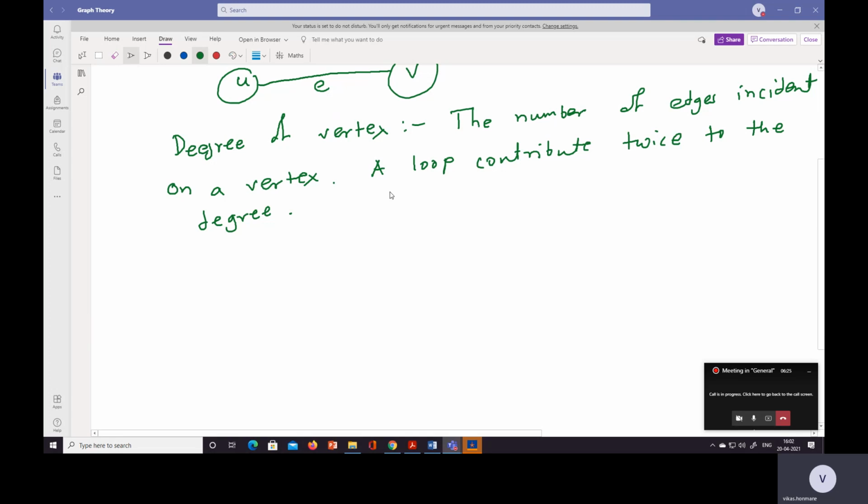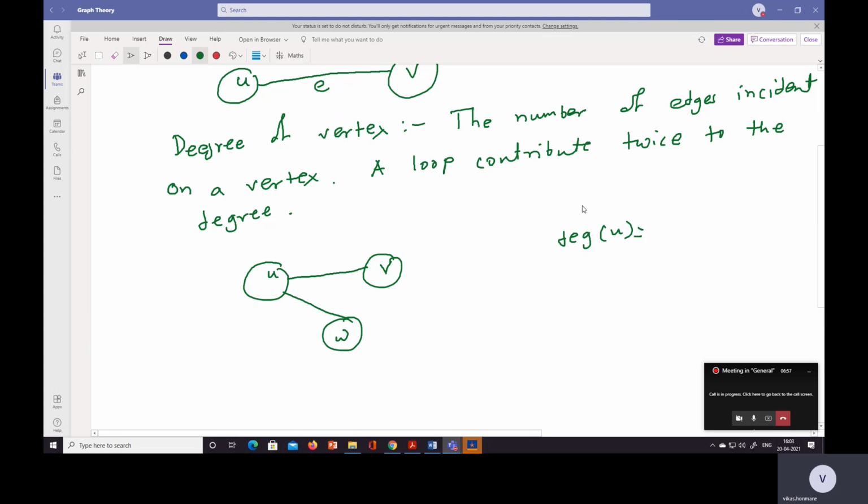Suppose we have this graph G, it contains three vertices U, V and W, and these are the edges. Then the degree of vertex U. What is the definition of the degree of a vertex?